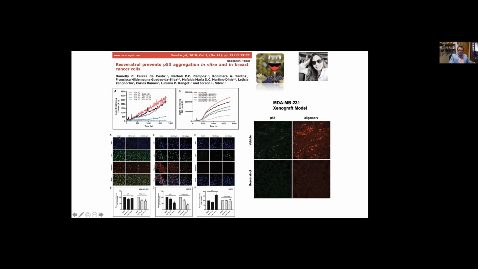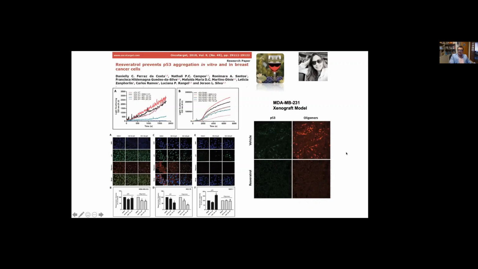Here in this part of the slide, one varies the concentration of resveratrol, and one can see that the aggregates found without resveratrol tend to decrease by at least about 50%.